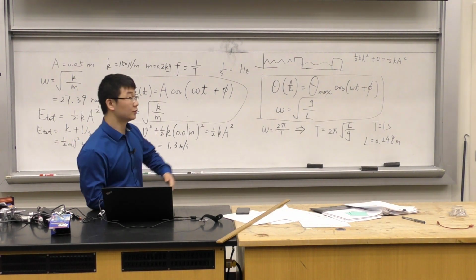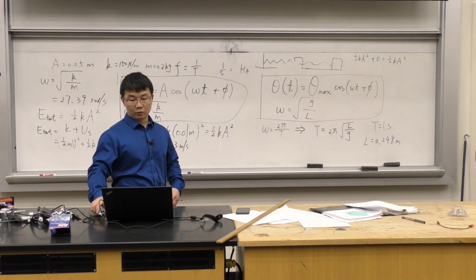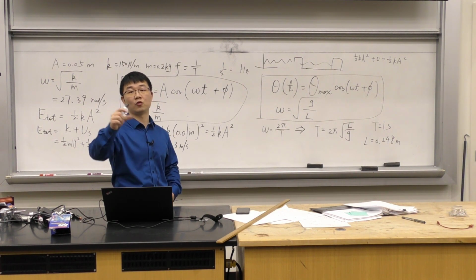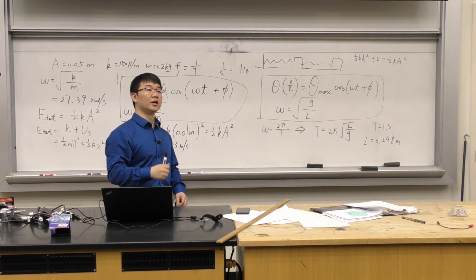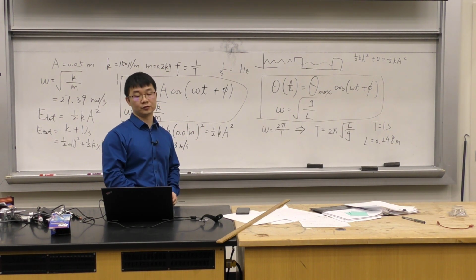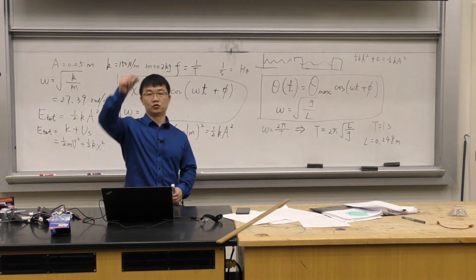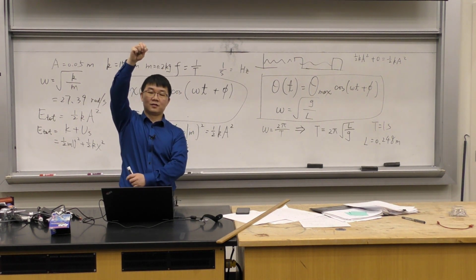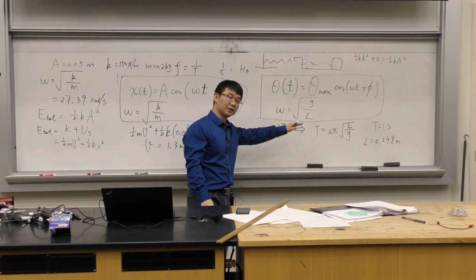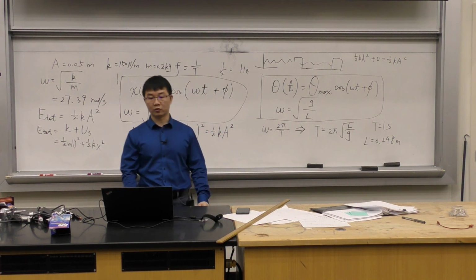If you go to a different planet and want to measure the free fall acceleration, one way is to do a free fall experiment: you drop something, measure the length and time, and use the kinematic equation. Another easy way is to make a pendulum. You measure the length and the period of this pendulum, and you use this theory again to find the local acceleration.